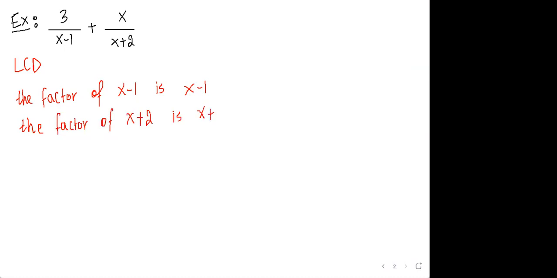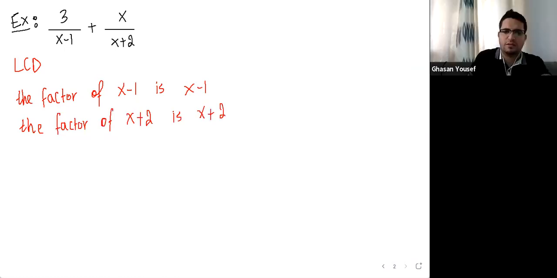So we factor the denominator of the first fraction and of the second fraction. Now, we did not find any common factor between these two fractions, so there is nothing to cancel. Now we go to the first fraction, we're multiplying by the factor of the second denominator. So we're multiplying by x plus 2.